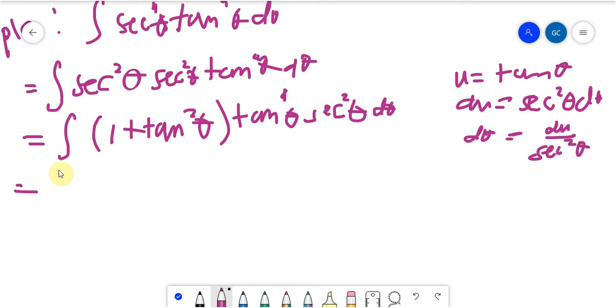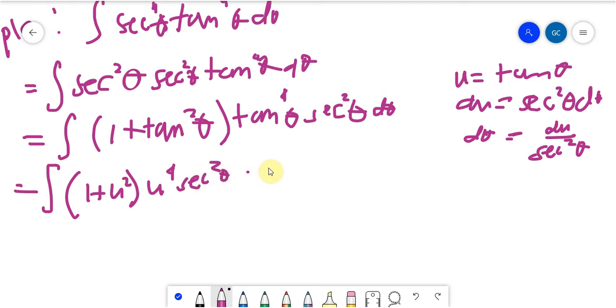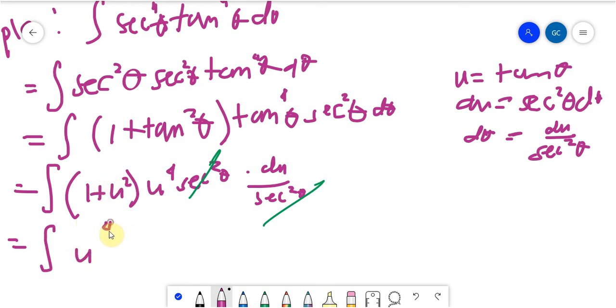So that is the integral of 1 plus u squared times u to the 4th times secant squared theta times du over secant squared theta, and then we'll cancel this one. We are left with the integral of, we will distribute, u to the 4th plus u to the 6th du.